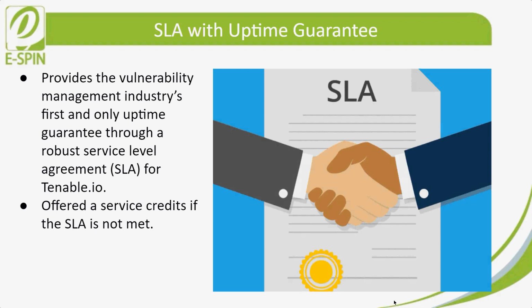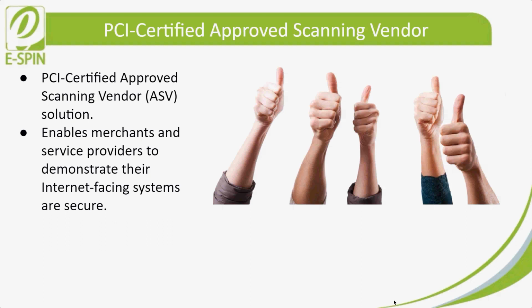Okay, the next one is PCI-Certified Approved Scanning Vendor. A PCI-Certified Approved Scanning Vendor, or ASV, solution that enables merchants and service providers to demonstrate their internet-facing systems are secure according to PCI Data Security Standard (PCI DSS) external network vulnerability scanning requirements.